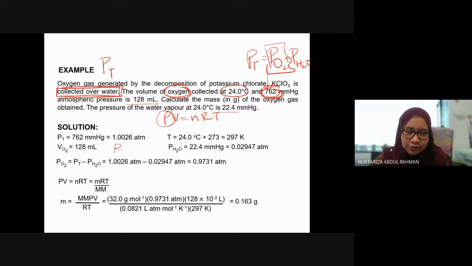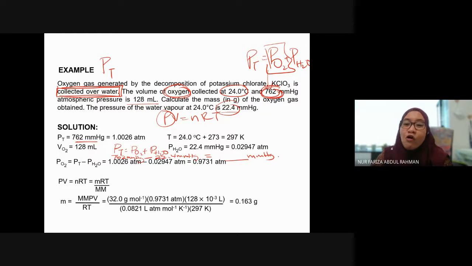So P total, dia dah bagi 762 mmHg, tolak dengan PH2O berapa dia dah bagi? 22.4 mmHg.